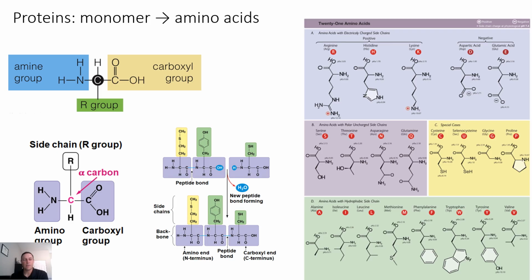And then coming off of the alpha carbon, we have what is known as the R group or the variable group. And each different amino acid has a different R group or variable group that gives it different properties that allows it to help carry out different jobs or move the protein in different ways. There are 20 different amino acids that occur naturally.